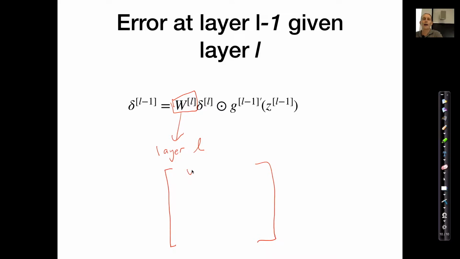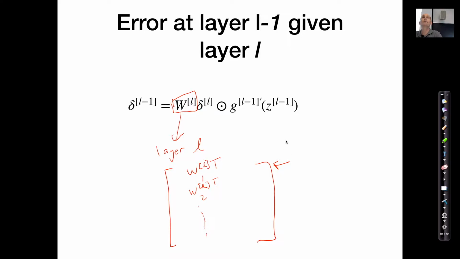So here we have W L1 transpose, W L2 transpose, all the way down. These are all the weights for, what does this row represent?